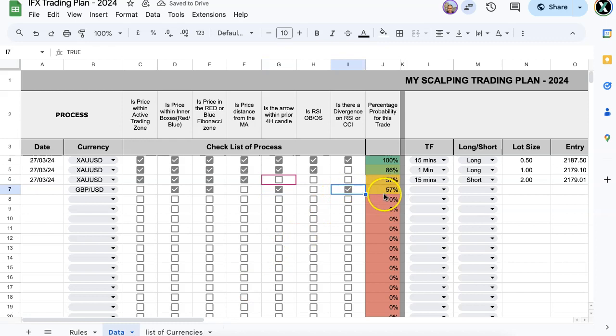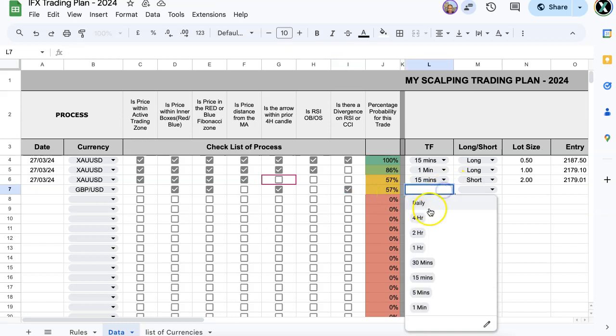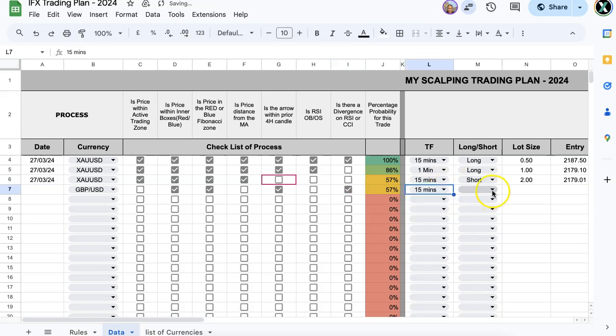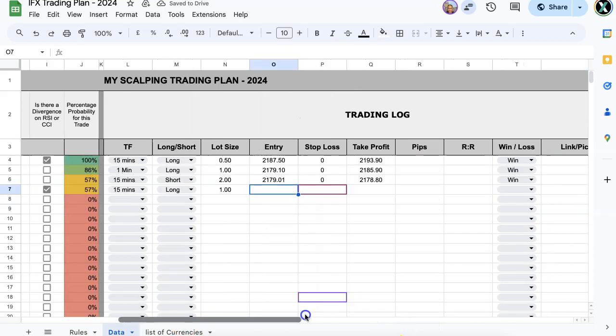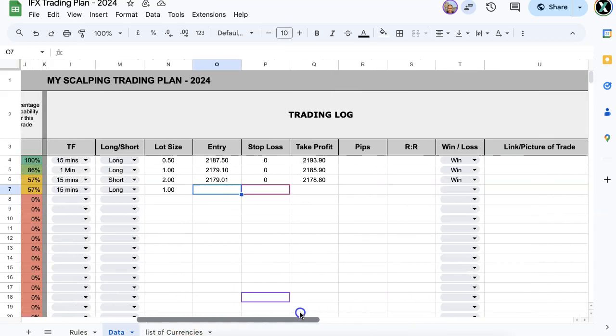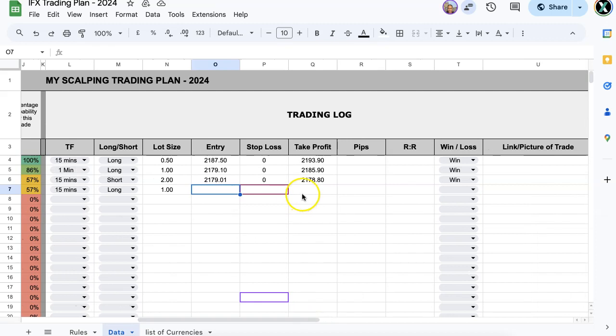So I have more or less maybe a 57%. I'm looking at 15 minutes, right? And I'm looking for a long in here. I put in my lot size. Let's just say I want to enter with 1. And then you can put the entry price, the stop loss if you want, the take profit price, and then pips, right?